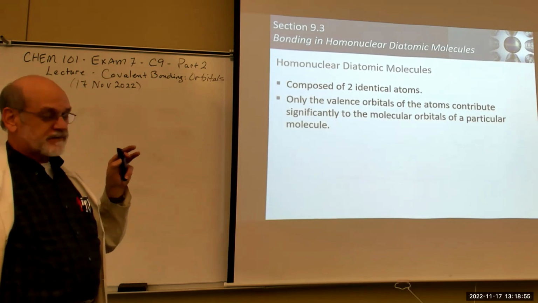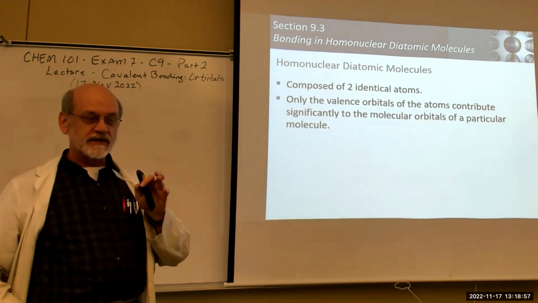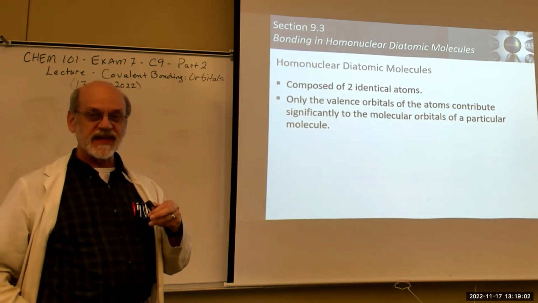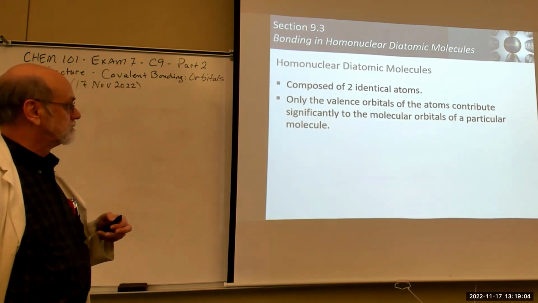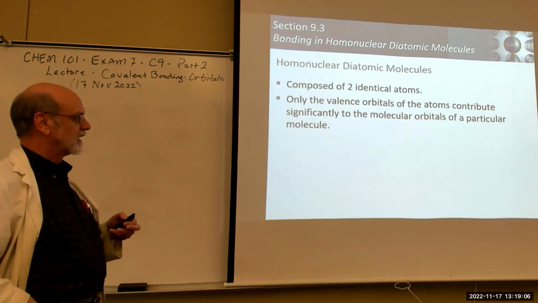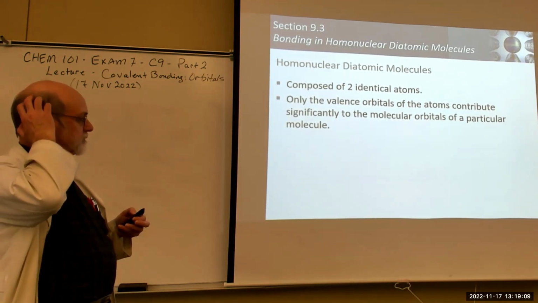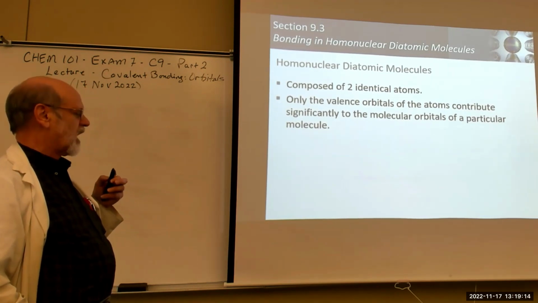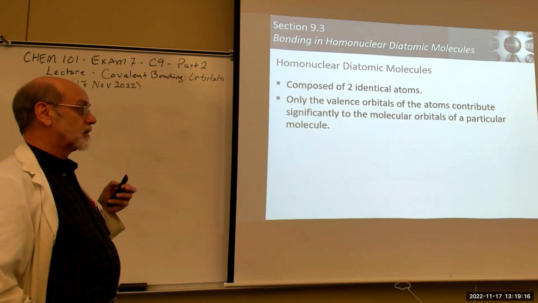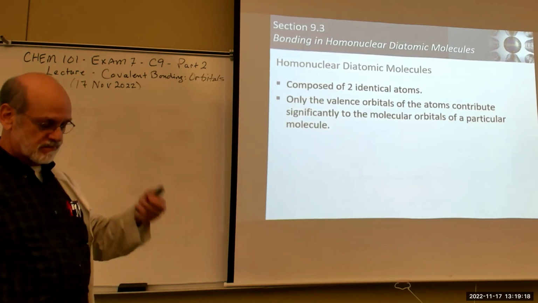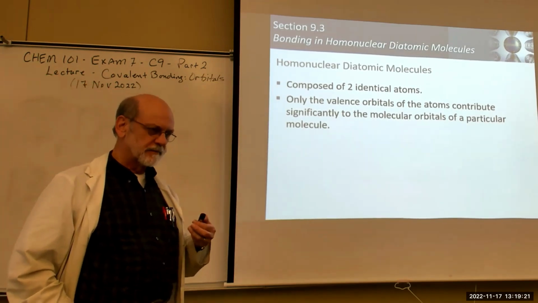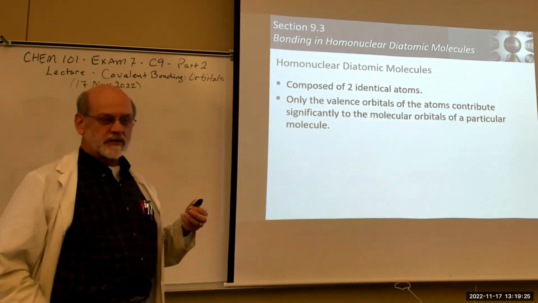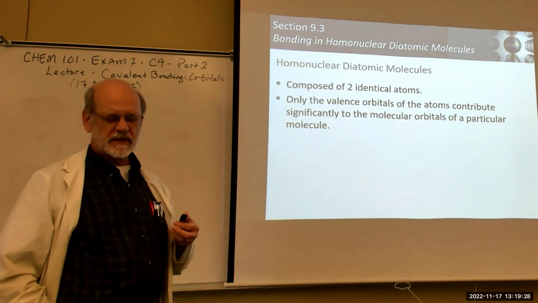Right now, we're going to define what we've been looking at to this point: homonuclear molecules. That is, those that are made up of the same element, 2 identical atoms. And consequently, for most molecular orbital scenarios, the valence orbitals are the dominant players.